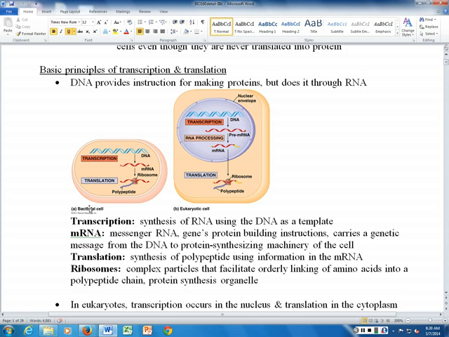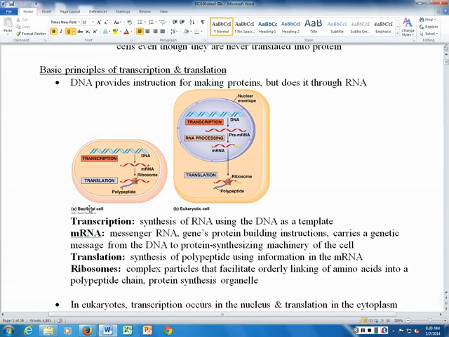So transcription is just the synthesis of an RNA using a DNA template, while translation is making the polypeptide using the mRNA. Your mRNA is your messenger RNA, and it's going to have your gene's protein building instructions.